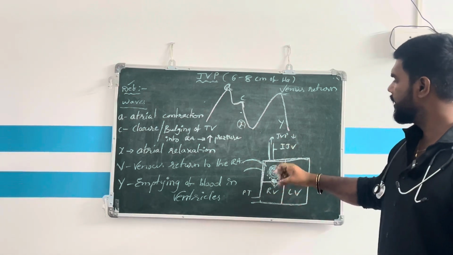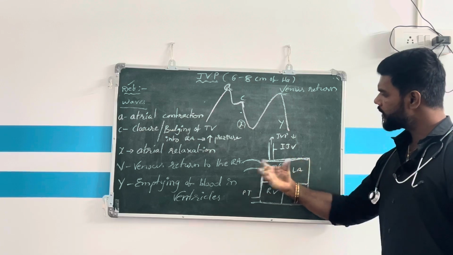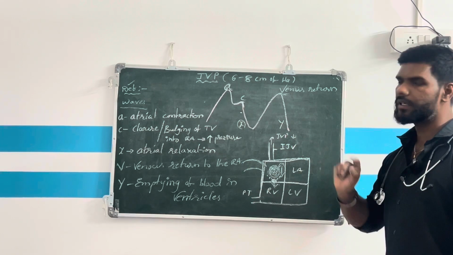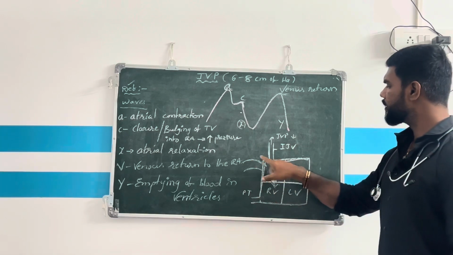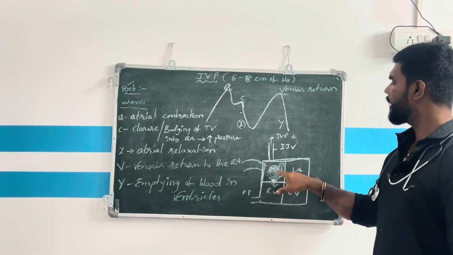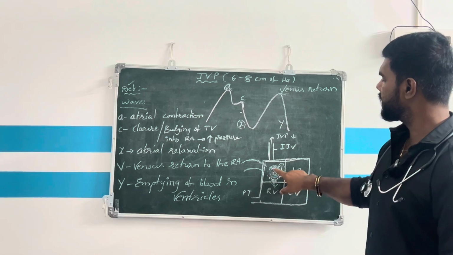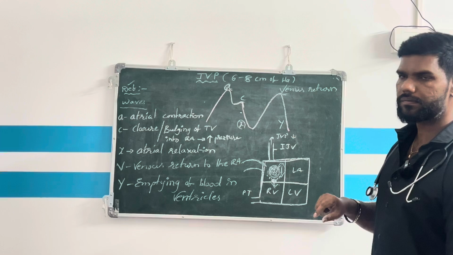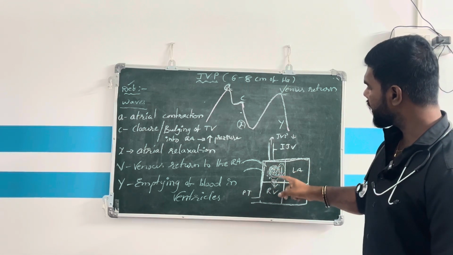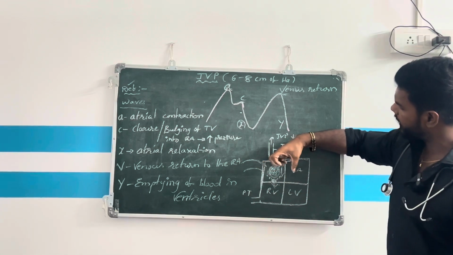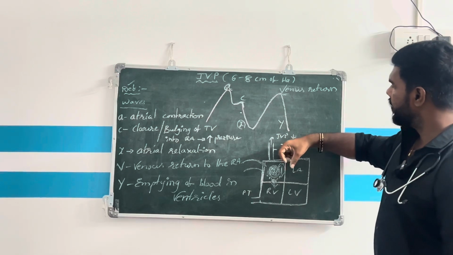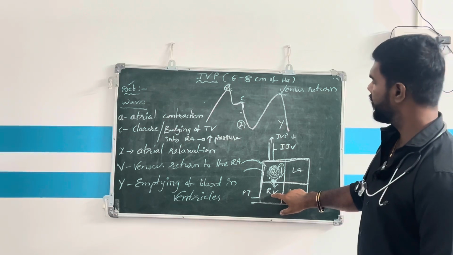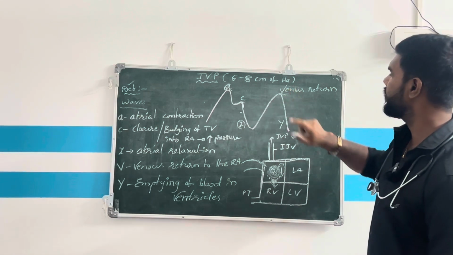X wave indicates atrial relaxation. After the relaxation, again it is filled with the blood from the inferior vena cava and superior vena cava. When the blood is filled in the atria, again it leads to a rise of pressure in the right atria, which will automatically increase the JVP. After the filling of the right atria, again it leads to atrial contraction. This filling of the blood is emptied into the right ventricle, producing another wave that is called the V wave.